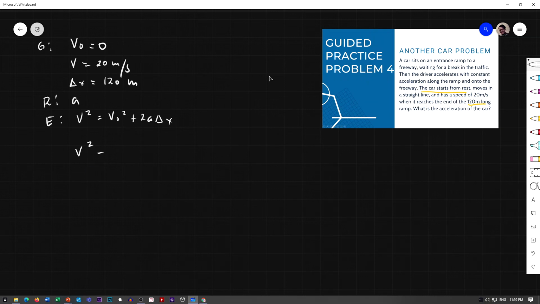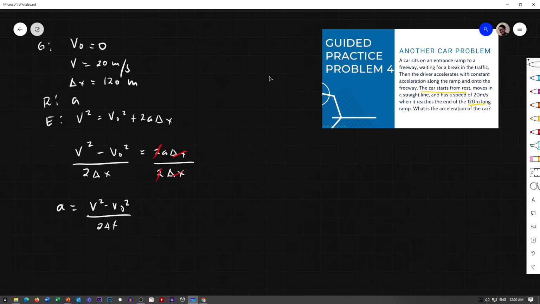First is to transpose the initial velocity to the other side, leaving 2a delta x on one side. Since what we want is just a, we're going to divide by 2 and then delta x. Then we do it on the other side as well. So you can cancel out 2 and you can cancel out delta x. So you're left with a. Okay, so you have a is equal to v squared minus v sub 0 squared divided by 2 delta x.